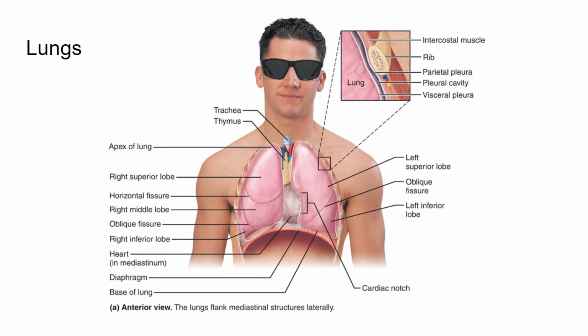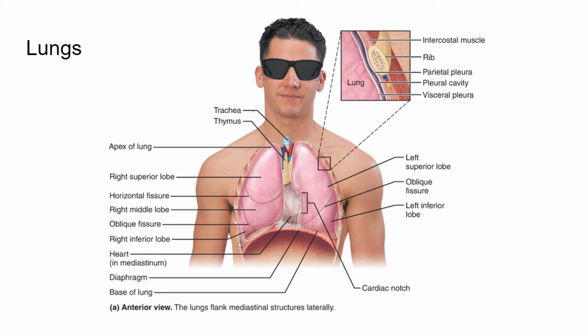All right, so let's talk about lungs. The lungs occupy most of the thoracic cavity here, as you can see, and then there's this area between the two lungs called the mediastinum, and there you see mediastinum. It's where the heart and trachea and the thymus is, all that business there.